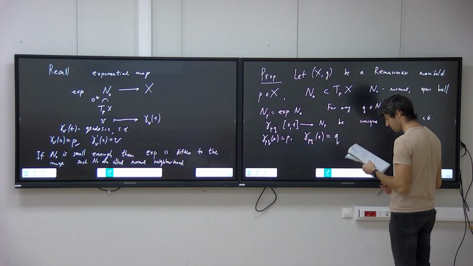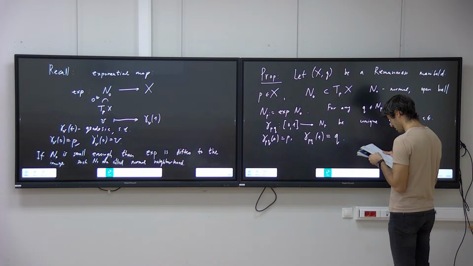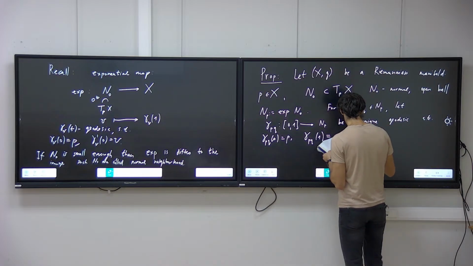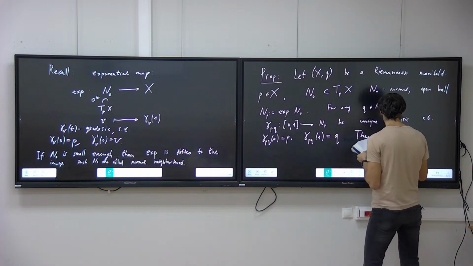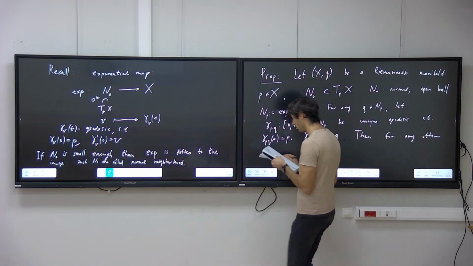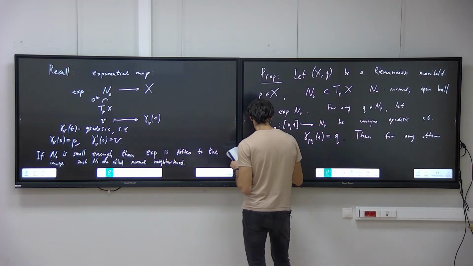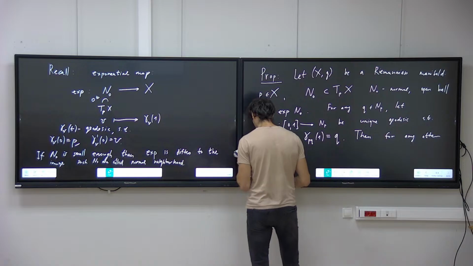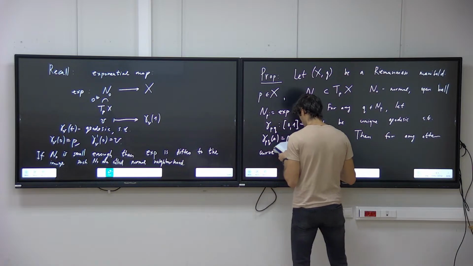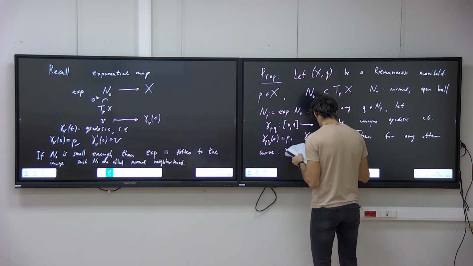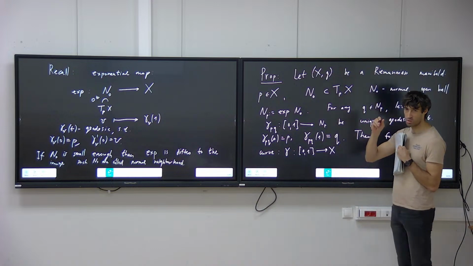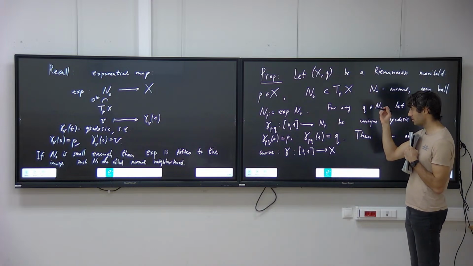This is my initial setup, and then I am saying that for any other curve gamma from [0,1] to X, so you see, here I don't even require it to belong to N_P.